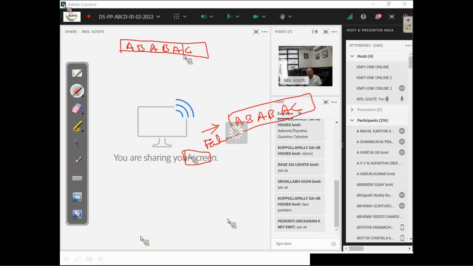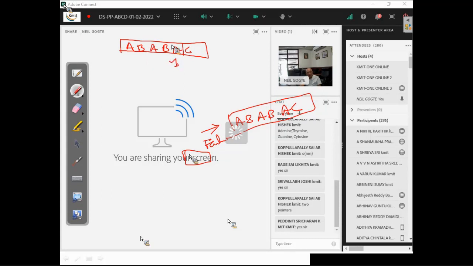What is the biggest suffix which is also a prefix? Now you see, the suffix A is there, so 1. But if you take suffix as BA, is BA there? No, BA is not there. So the longest string which is also a suffix here is only 1.